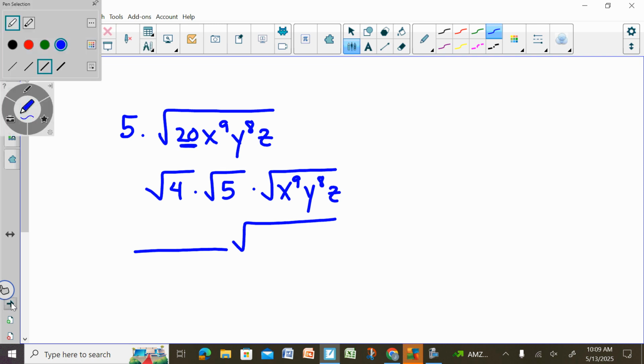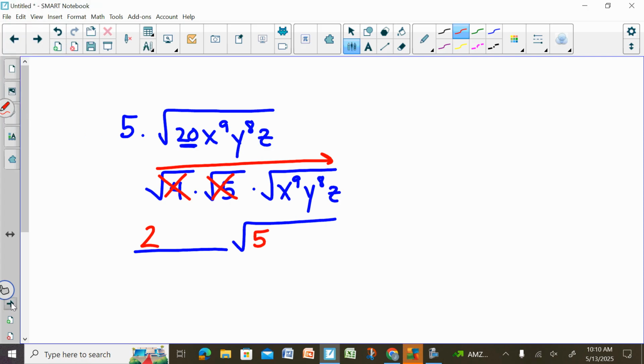And then we just go through and we say this all the way down the line, right? So square root of 4 becomes a perfect 2 on the outside. The square root of 5 stays ugly inside, imperfect. And then put a little 2 here, and the rest of our inside and outsides are going to be dividing by 2. How many times does 2 go into x to the 9th?